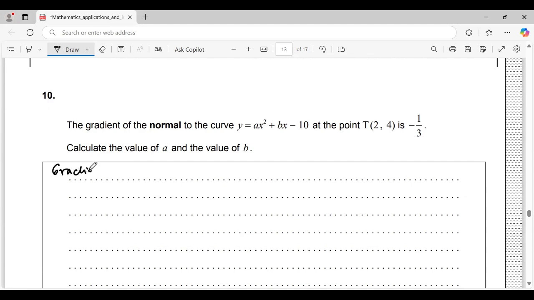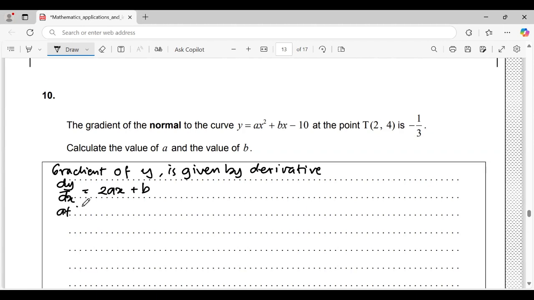Gradient of this curve of y is given by the derivative. dy/dx equal to 2ax plus b, minus 10 becomes 0.